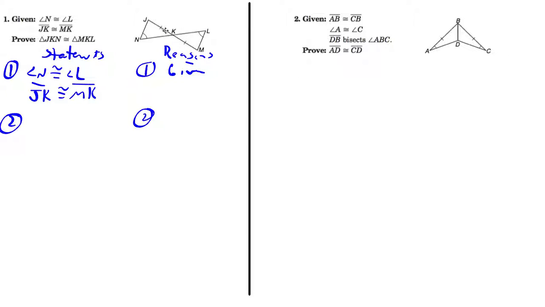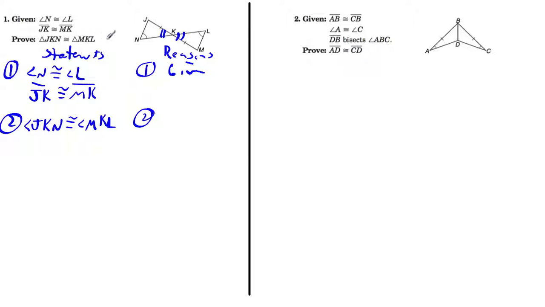Well, look, I have vertical angles, so I can actually say that angle JKN is going to be congruent to angle MKL. Please note that that order is important because if angle N is congruent to angle L, I should have them in the same position. So just watch out for that. That's more important with triangles than it is with angles.